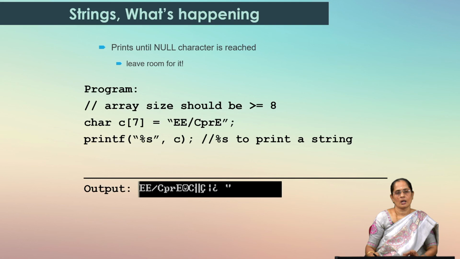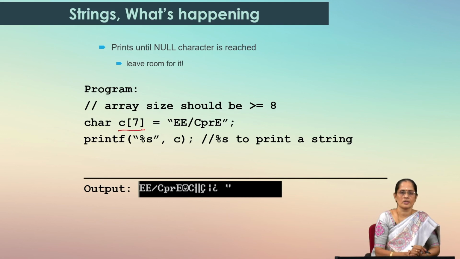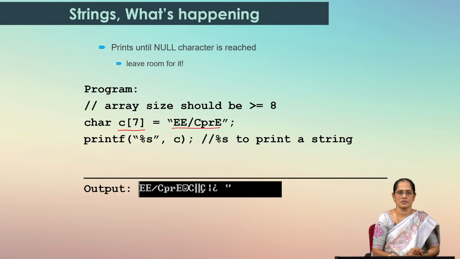So, this is how C handles strings in a beautiful way. It prints until the null character is reached, even though there are other characters after the null character. Here you can see an example. The character array is created with 7 characters and assigned 7 characters as a string.